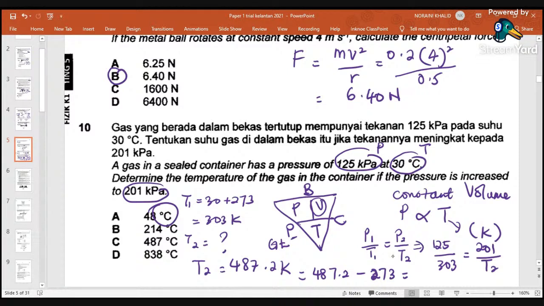You will get 214. I round off to 214 degrees Celsius. So the answer is B.